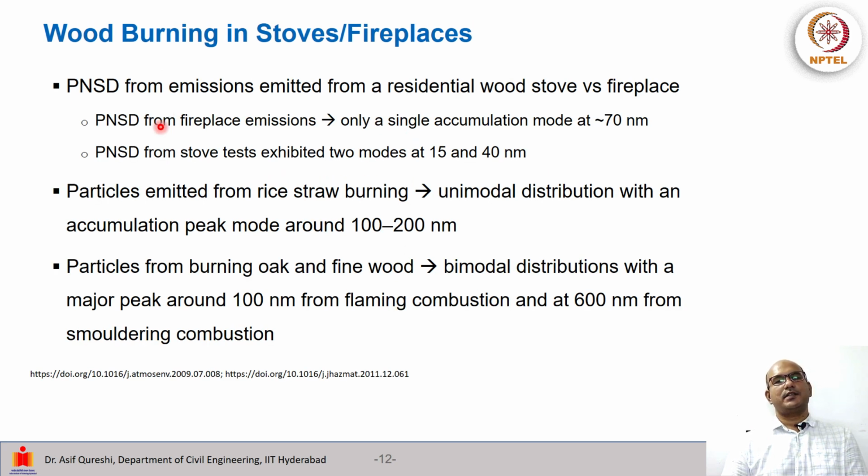In one study, the particle number size distribution was compared between the emissions from a residential wood stove and the emissions from a fireplace. So researchers measured the particle number size distribution when a residential wood stove was used versus when there was a fireplace existing in the setting.